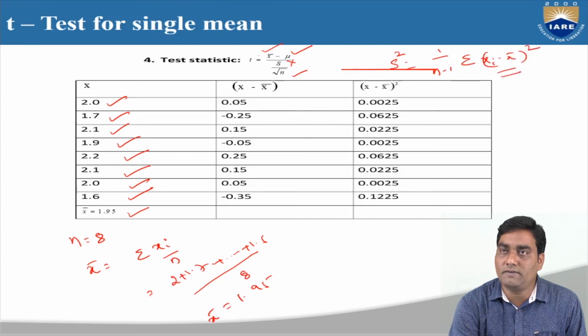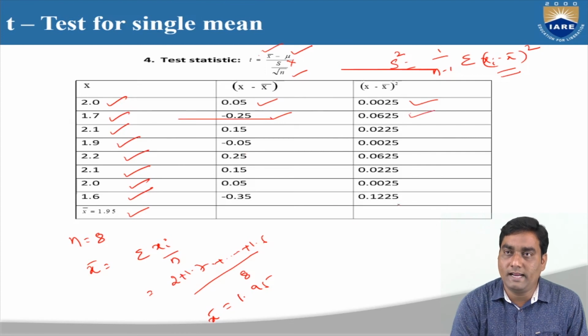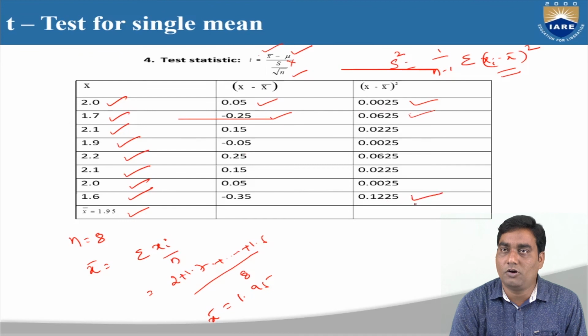To get this value, we are going to calculate using the table. X we got, 2, x bar is 1.95. 2 minus 1.95 is 0.05, that squared is 0.0025. Like that, 1.7 minus 1.95 is minus 0.25, that squared is 0.0625. Like that, we can find all the xi minus x bar whole squares.